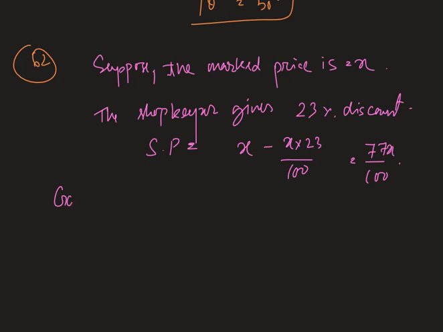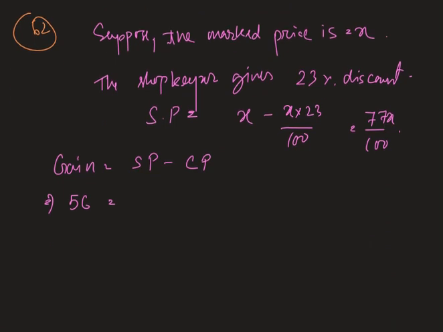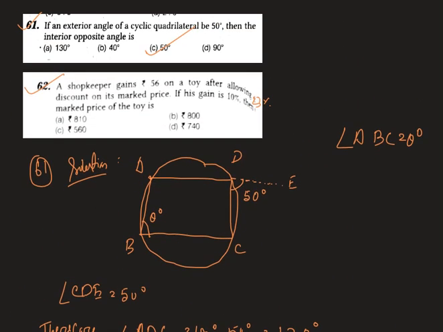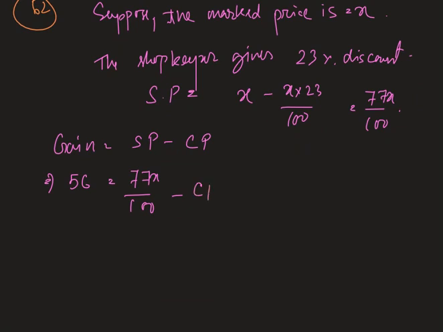Now we already know that gain is equal to selling price minus cost price. Now by the question, the gain is of rupees 56, and the selling price is 77X divided by 100, and the cost price we don't know yet, but we know the gain percentage.